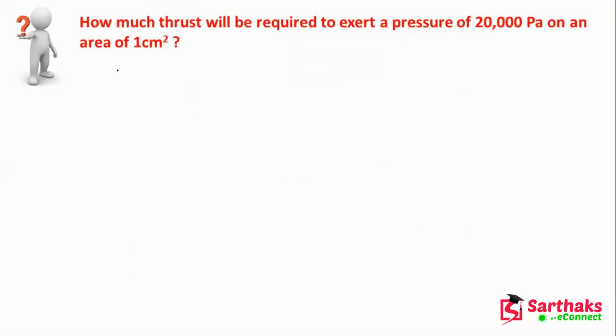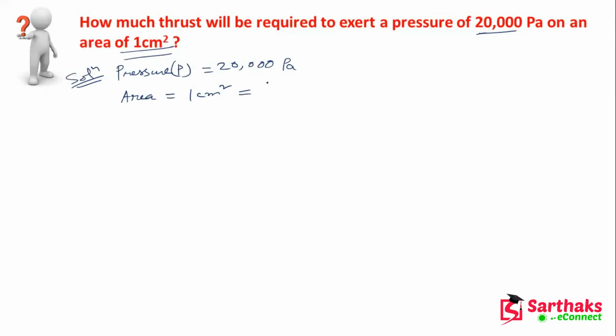Next, how much thrust will be required to exert a pressure of 20,000 Pascal on an area of 1 centimeter square. Fine. Here, pressure, let it be P, that is 20,000 Pascal. Good. And area is 1 centimeter square.